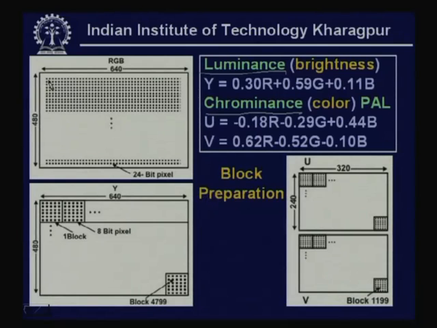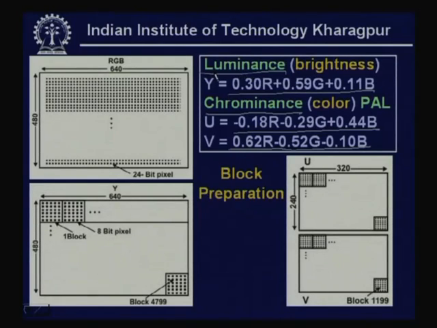Of course, each pixel now has Y, U and V components in place of RGB. The formula that is being used for conversion is shown here. Of course, at the receiving end, the inverse conversion has to be done to get back the RGB.